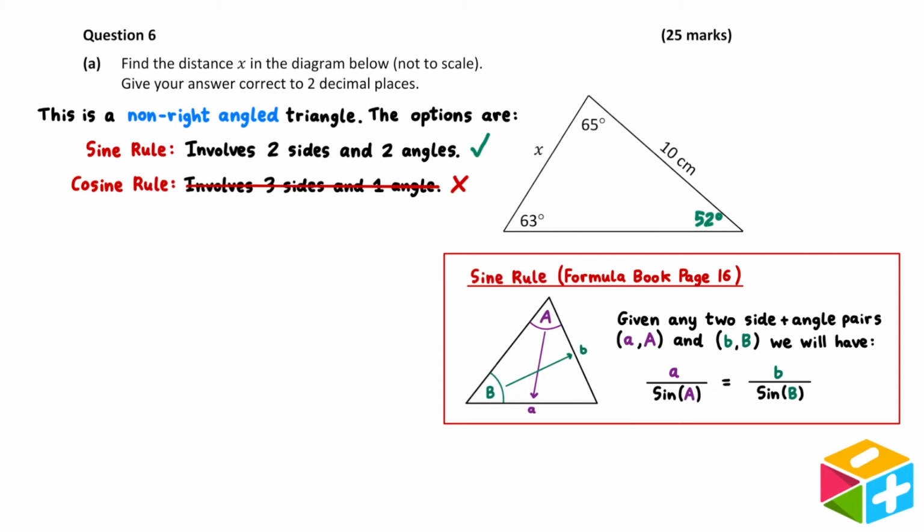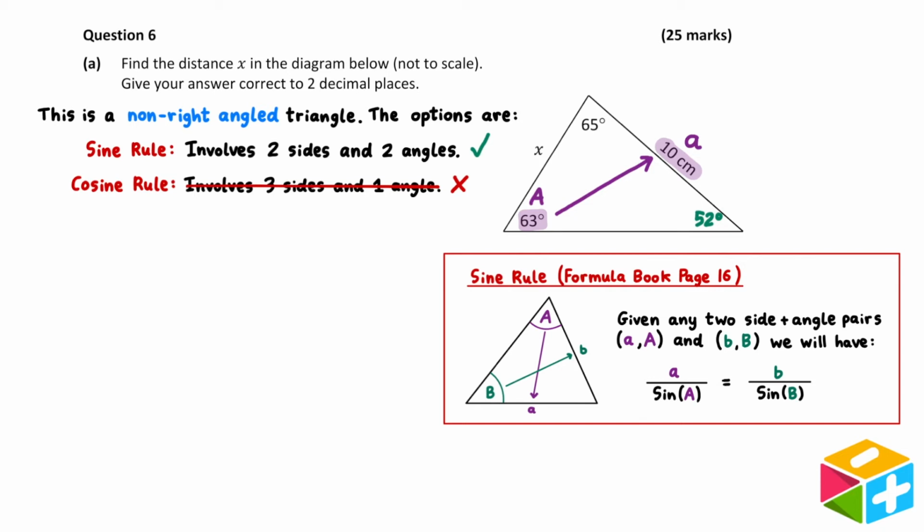So let's look at the triangle we were given. The key to using the sine rule is thinking about pairs of an angle and the side opposite it. To use our sine rule, we need 2 of these pairs. For the first pair, we can take the 63-degree angle and the 10 centimetre side opposite this angle.